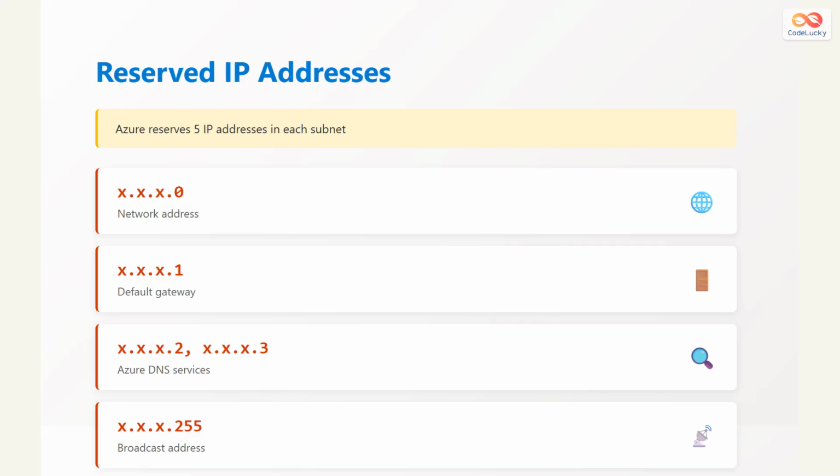The third and fourth addresses, ending in .2 and .3, are reserved for Azure DNS services that provide name resolution. Finally, the last address, ending in .255, is the broadcast address used for network-wide communications. When planning your subnets, remember to account for these 5 reserved addresses in your total capacity calculations.